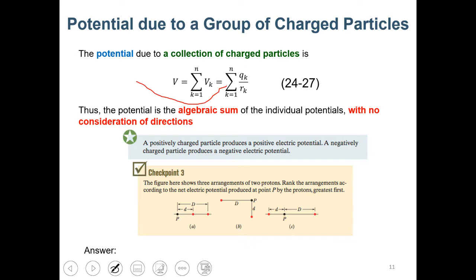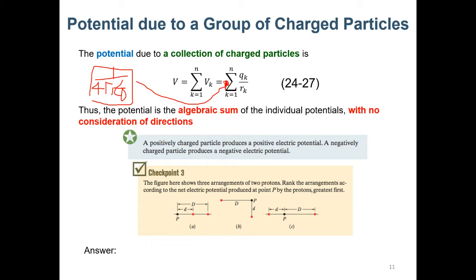There should be something like 1 over 4 pi epsilon naught here. I forgot to put it here. There should be this term. So the potential is the algebraic sum of the individual potentials with no consideration of direction.